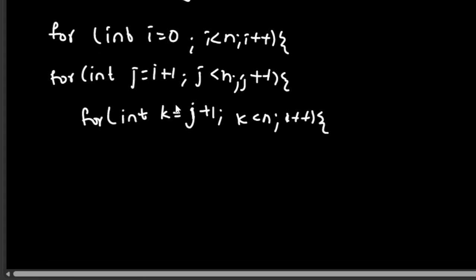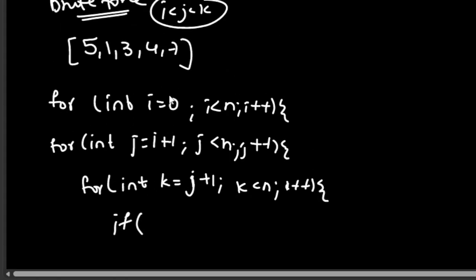Basically we are placing the pointers, i here, and initially j and k here, and we'll be doing the sum of these.